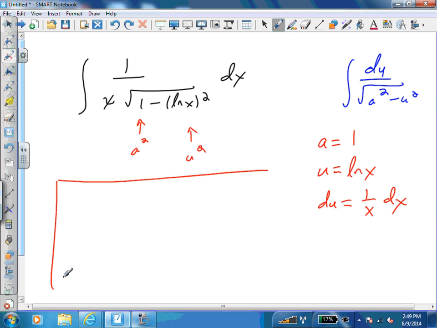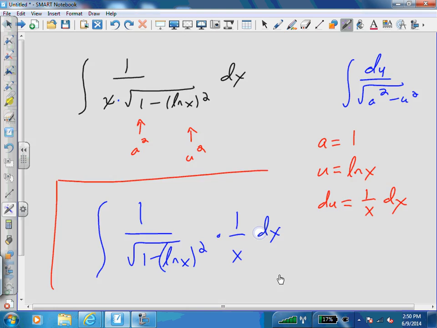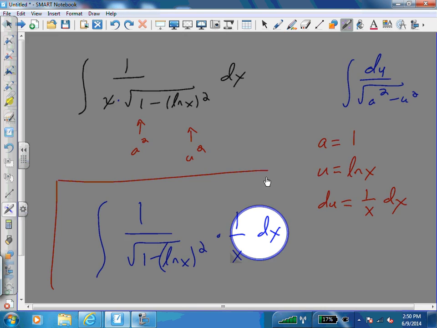Notice if we move this around a little bit using commutative properties, we could bring the x on the other side, like that. Aren't those the same? We have a product of x and that square root on bottom. We have 1 on top, dx on the end. Notice doing that, all of that is du.